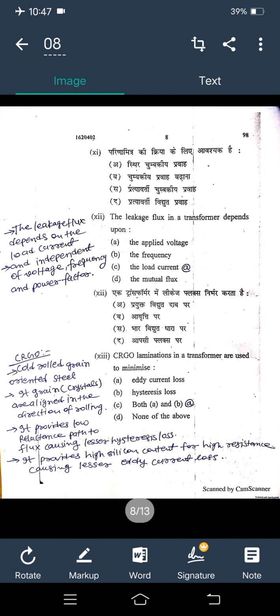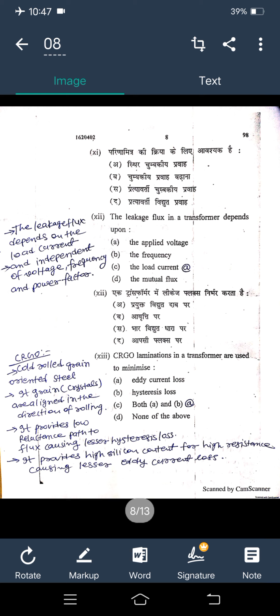Question 12, the leakage flux in a transformer depends upon the load current. Here the right answer is load current. One thing is that it is independent of voltage, frequency and power factor. This is also for an objective question.